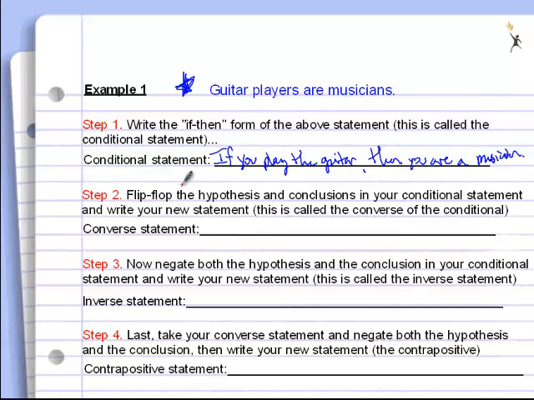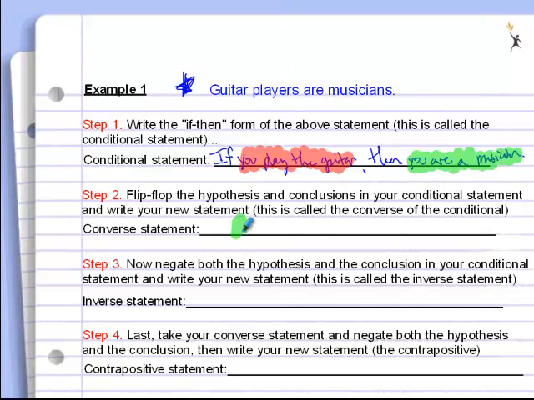Now, we're going to go to step 2. Flip-flop the hypothesis and the conclusion. Actually, my hypothesis is right here: you play the guitar. My conclusion is you are a musician. The if-then stay in the same spot. And we flip-flop them to rewrite our new statement.